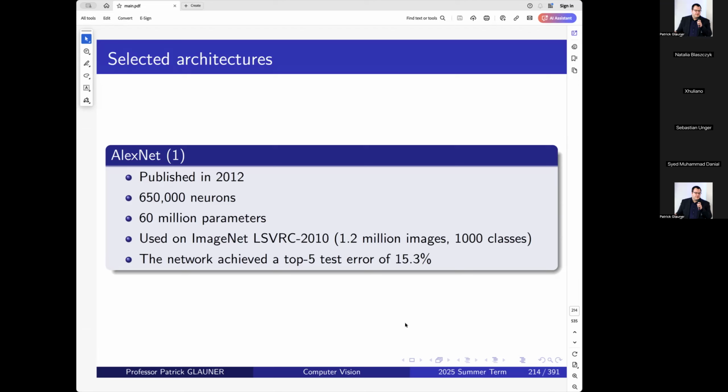So you take the top 5 output units, the ones with the largest value when predicting, and say, I'm predicting it's in one of these 5 classes. And if the actual class, the actual ground truth, is in that top 5, you would say you've done it well. So the top 5 test error was 15.3% with the AlexNet of that time. And on the ImageNet dataset from that time, 1.2 million images, 1,000 classes.